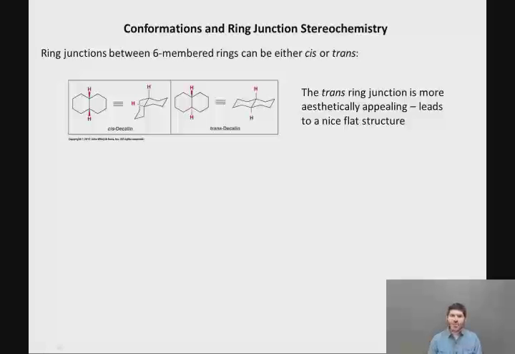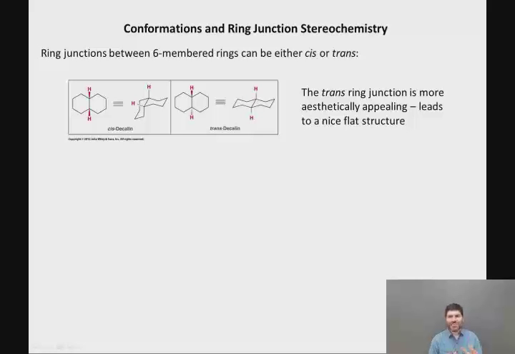So once we start talking about the steroid rings, we have to take a moment and look at conformations and also the new topic of ring junction stereochemistry. So the 10-carbon molecule with two 6-membered rings fused to each other is called decalin.